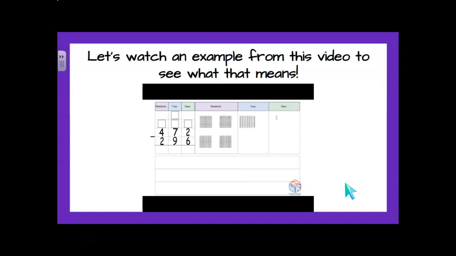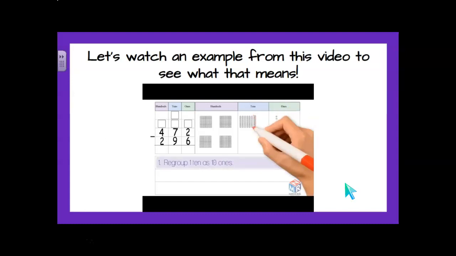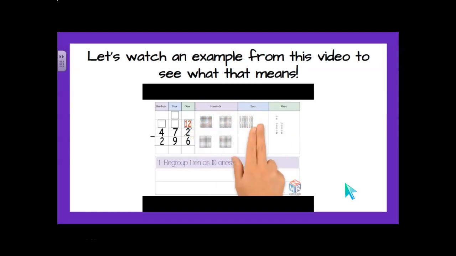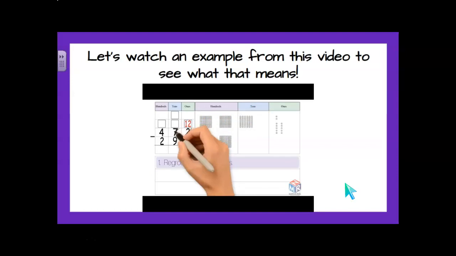First, we subtract the ones. Can you subtract 6 from 2? No, you can't. So we have to regroup 1 ten as 10 ones. Now we have 12 ones and 6 tens.